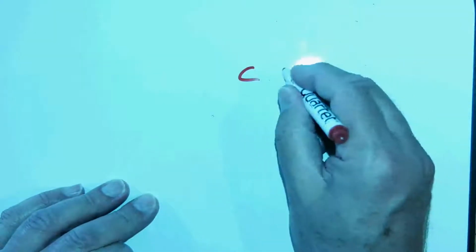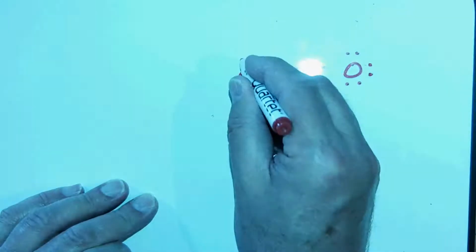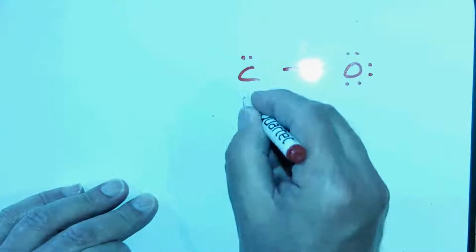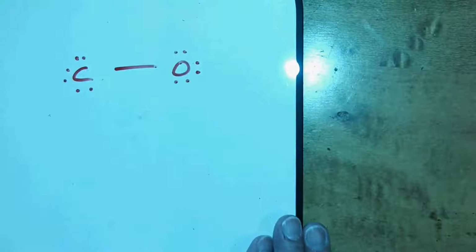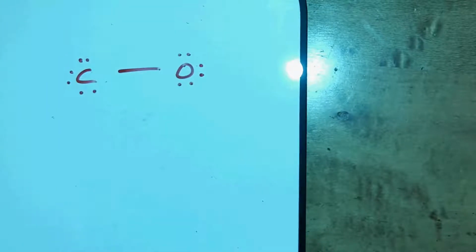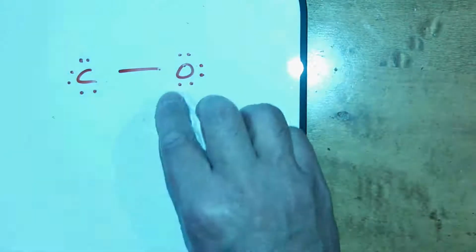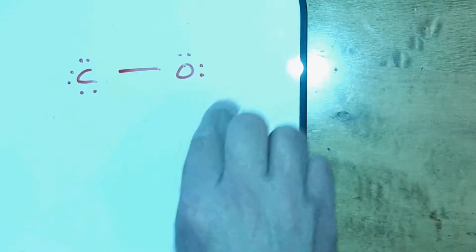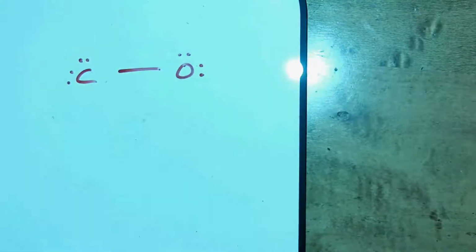So my carbon monoxide right now I have drawn like this. And I have 4 too many electrons. I have an extra 4 electrons. Hey, no problem. I'll just lose 2 of them from here, 2 of them from here, there. Now I have 10 electrons like I'm supposed to.